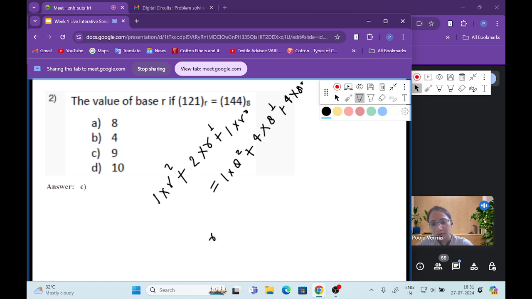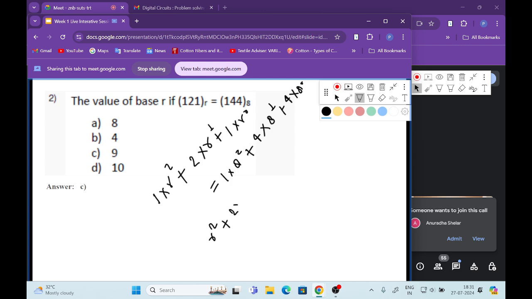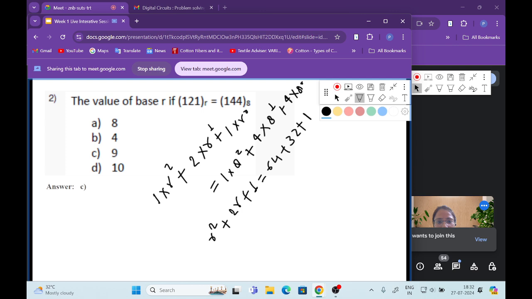Here base 8 is given and the base R we need to find. So here we get R squared plus 2R plus 1, since R to the power 0 is 1, and this side 8 squared is 64 plus 32 plus 4.